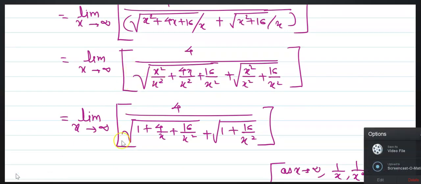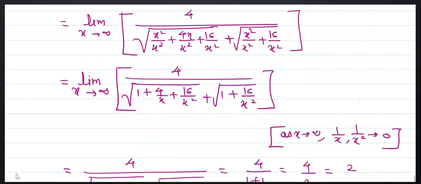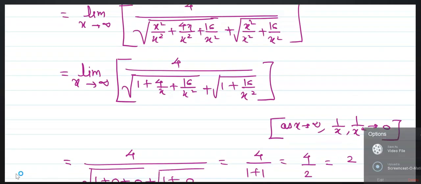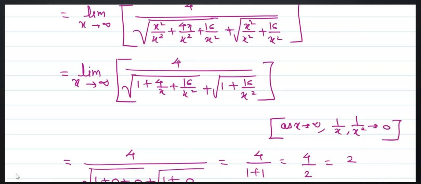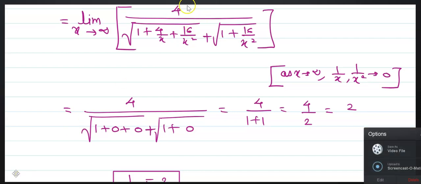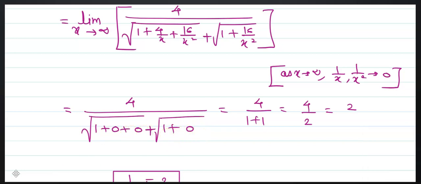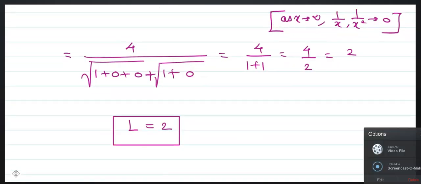Therefore, this x² gets cancelled: 1 + 4 upon x + 16 upon x², plus √(1 + 16 upon x²). Therefore, as x tends to infinity, 1 upon x tends to 0. Then you will get 4 upon √(1 + 0) + √(1 + 0). That is 4 upon 1 + 1, that is 4 upon 2, which is 2. Therefore, L is equal to 2.